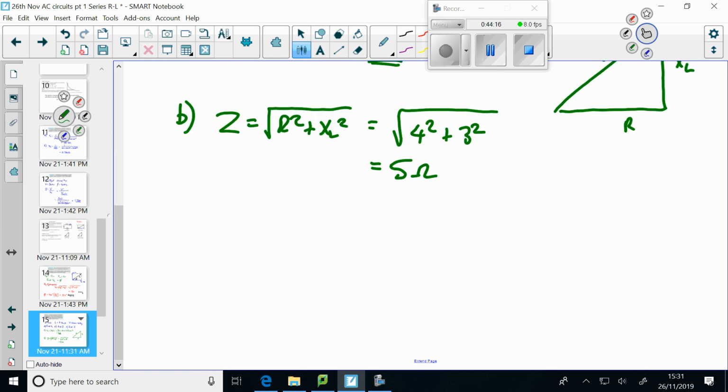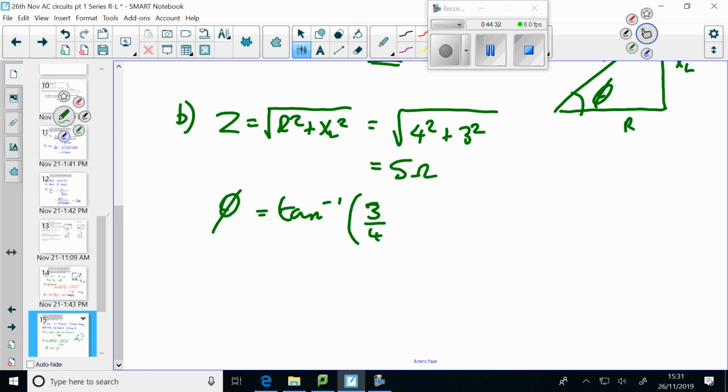We must have the angle as well. So phi in here. Tan to the -1 of 3/4. So 36.87 degrees. No, we don't say that's lagging. That's wrong. Just that.